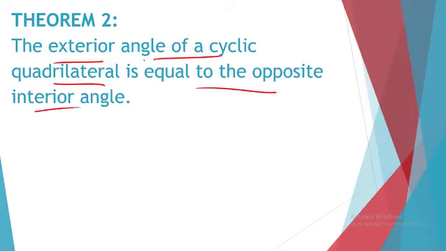Let me say it again. The exterior angle of a cyclic quadrilateral is equal to the opposite interior angle. What do we mean?